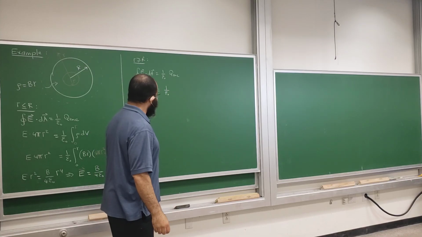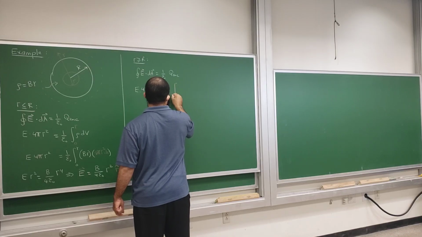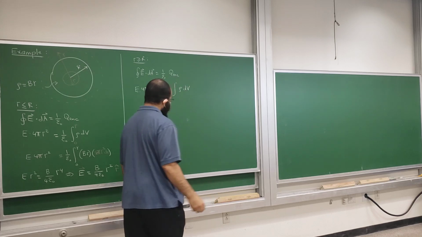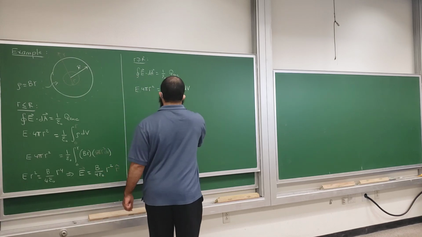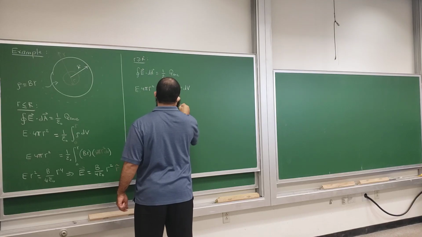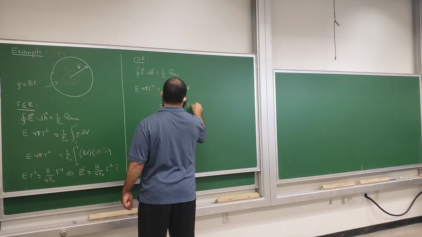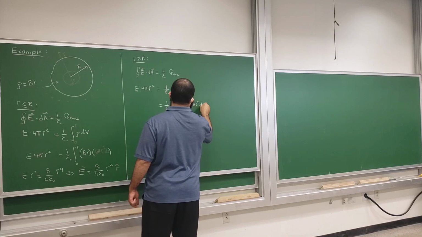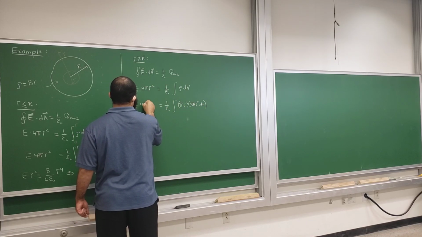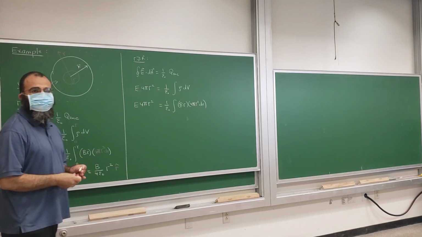Remember, for Q enclosed, you can't just say rho times the volume because it's non-uniform, so it would be the integral of rho dV. Now, what are the limits of integration?